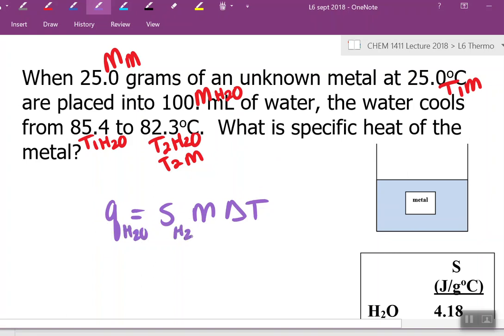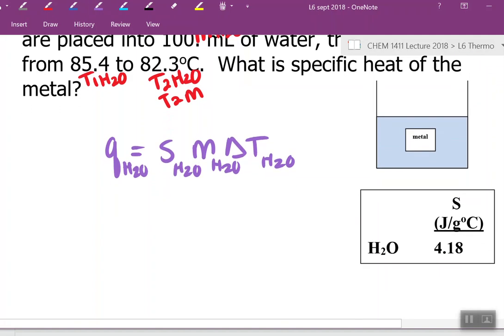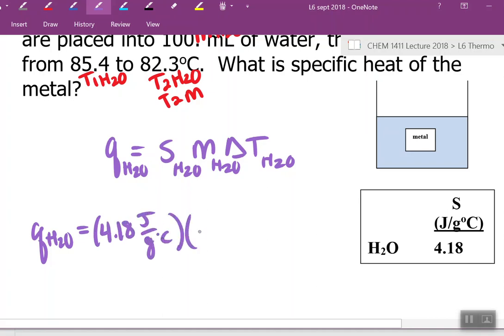You need to be careful that I'm putting in all of these numbers for water and not getting them mixed up. So for the water, and I'm going to move this over here, we are given our specific heat. The mass of the water was 100 milliliters, but that's 100 grams of water.